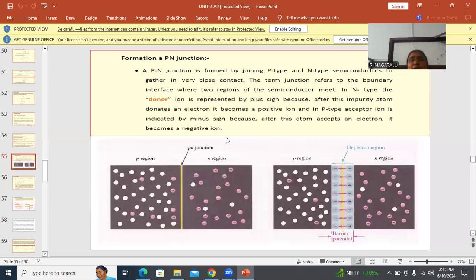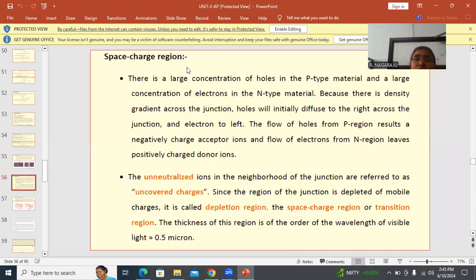In this P-type and N-type region, when you combine them, a junction is formed, and that junction is known as the depletion region. You can also call it the space charge region. There is a large concentration of holes in the P-type material and a large concentration of electrons in the N-type material. Because there is a density gradient across the junction, the holes will initially diffuse to the right across the junction and the electrons to the left.